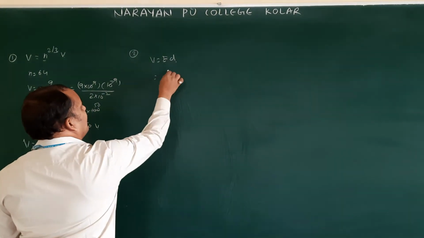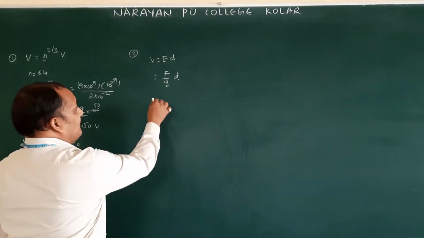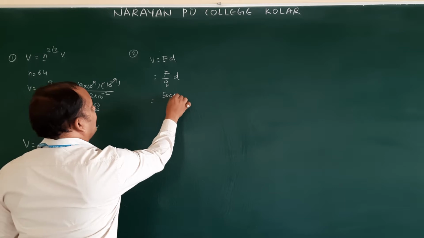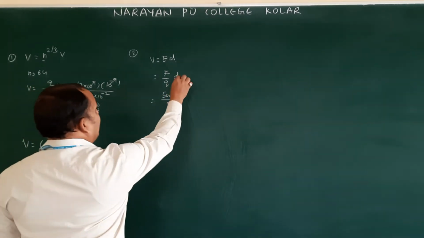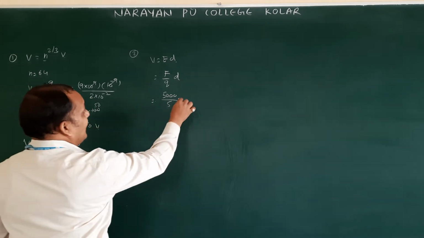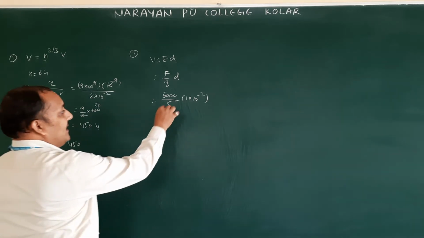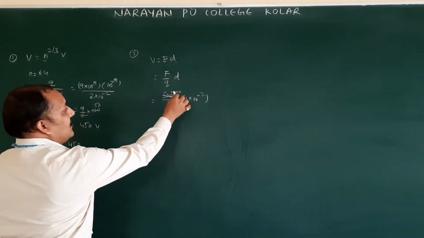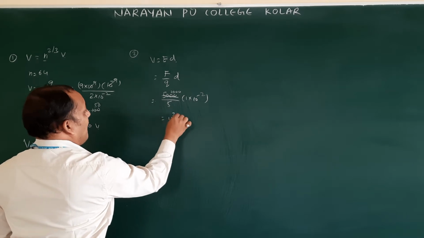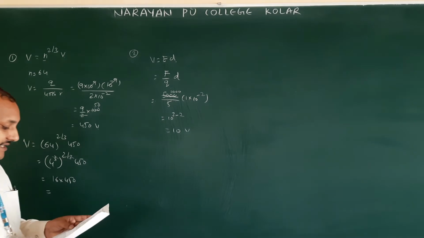E means force acting on charge, E is equal to F by Q. So force 5000, charge 5 coulombs, and the distance is 1 centimeter. Centimeters we should always convert into meters. 5000 by 5 is 1000, so 10 cube into 10 power minus 2, that is 10 volts. That is option 1.